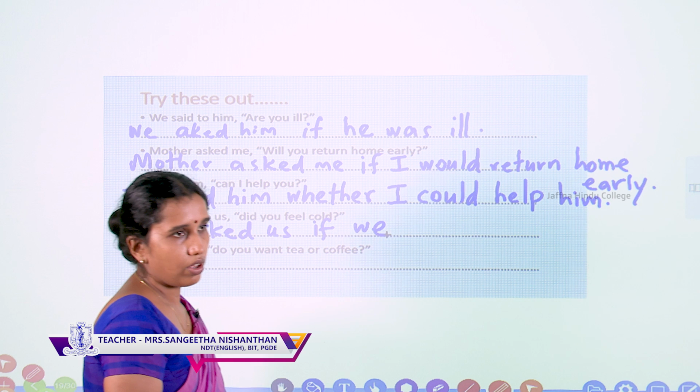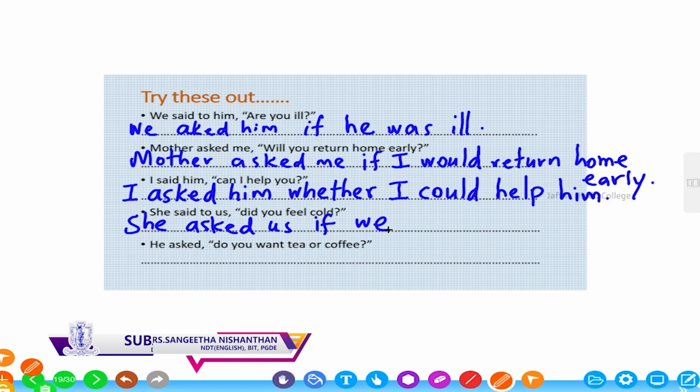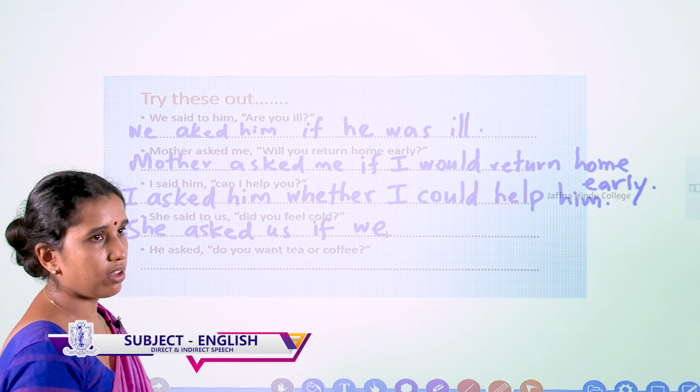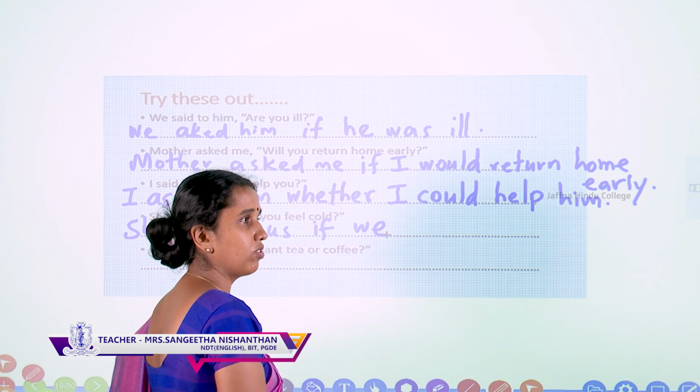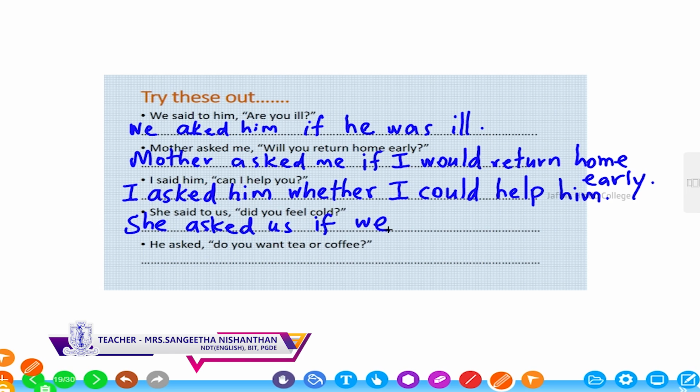The did goes after the subject and joins with the main verb. So, feel is now felt. The past of the past tense is past perfect, so we should use had plus past participle. We had felt cold.